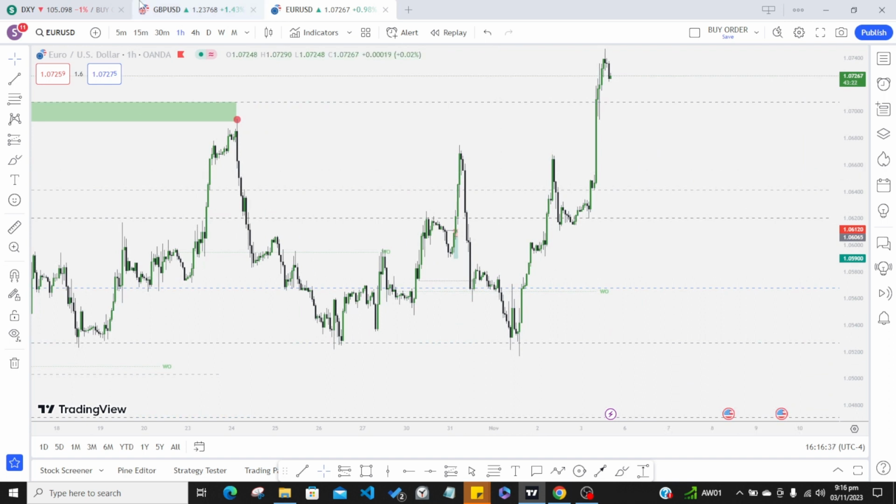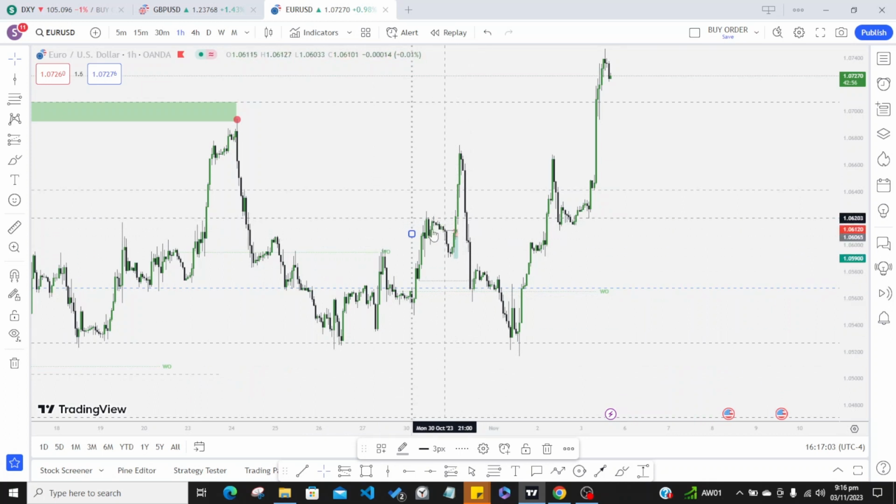So this is Euro USD, and the trade I had was on Tuesday, after rejecting this zone here, which was part of the weekly outlook I was expecting. I said I should take out this high here, getting into this premium zone and sell off from there.